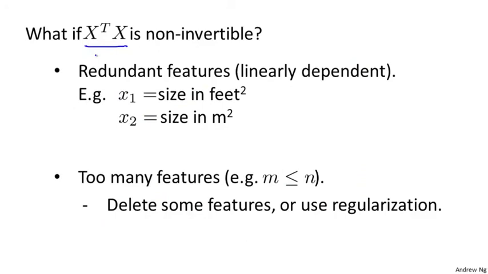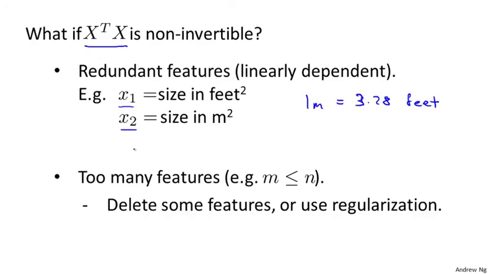The first cause is if somehow in your learning problem you have redundant features. Concretely, if you're trying to predict housing prices, and if x1 is the size of the house in square feet, and x2 is the size of the house in square meters, then 1 meter is equal to 3.28 feet, rounded to 2 decimals.